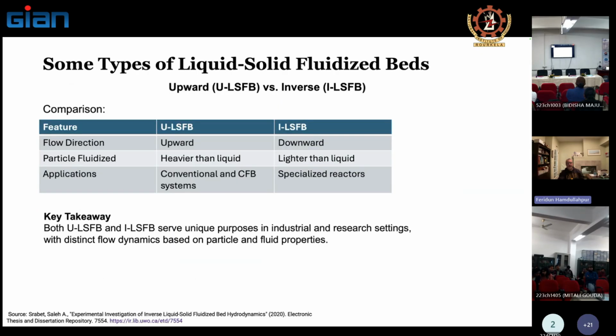Here is again a summary of the two, because depending on the application and on the density of the particles and the density of the fluid, mostly, let's say, wastewater, we can assume it to be water density, it will help you determine whether it should be upward or inverse.